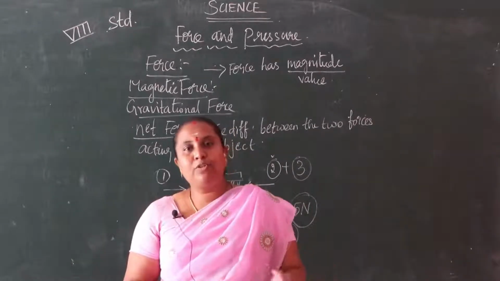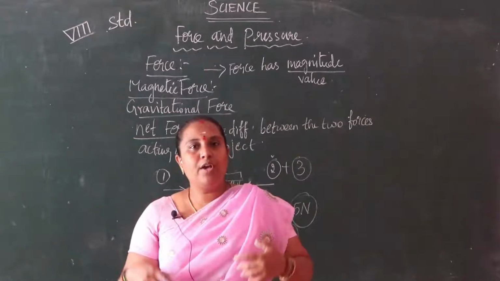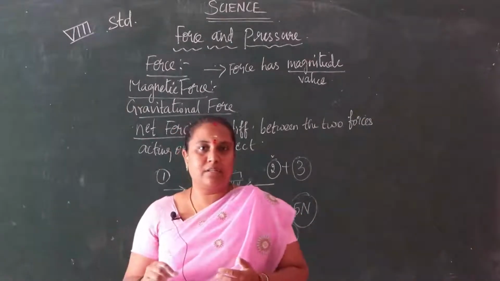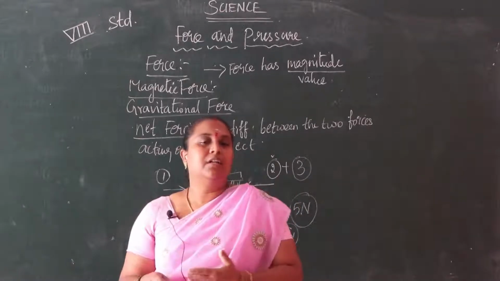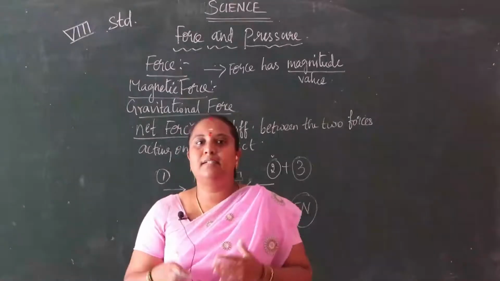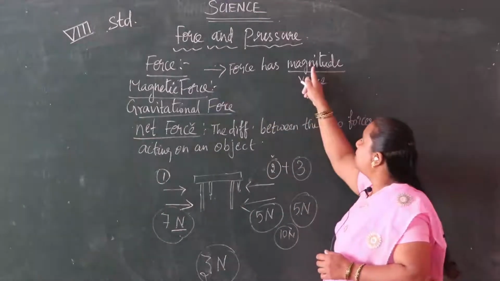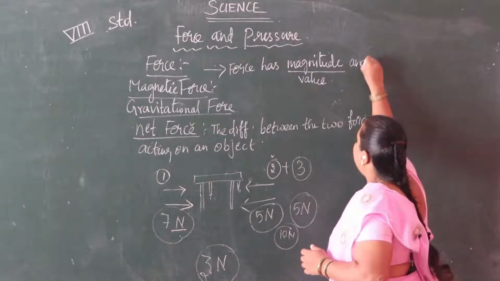If the wind blows from left to right, we are also pushed from left to right. So a force has a direction also. We can say force has magnitude and direction.